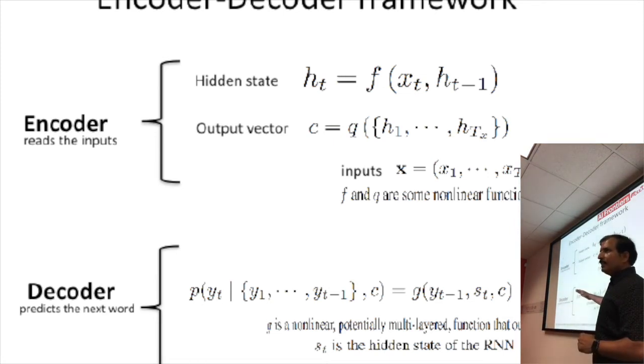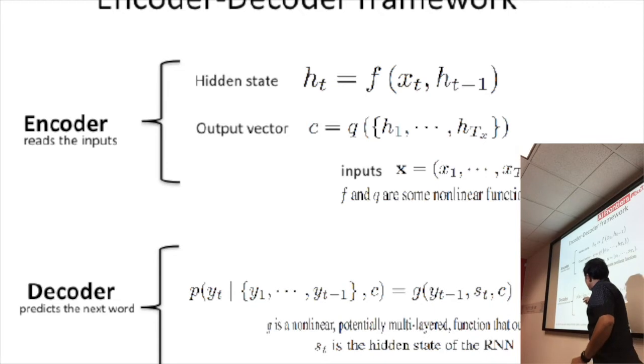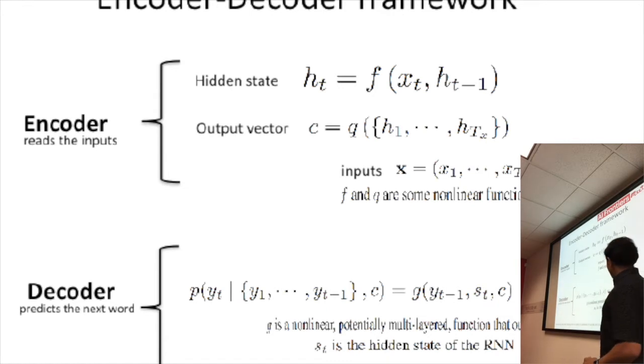So the probability of yt, given all the previous outputs and the context vector, can be expressed in a function which is dependent on the previous output, the current hidden state of the decoder, and the context vector from the encoder. I'll try to confuse you more and more with more equations, but please bear with me. Without equations, you just can't read any technical paper. So that's an encoder and decoder. The entire summarization research currently is some variation of encoder and decoder.